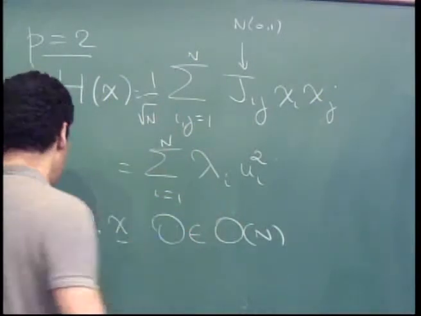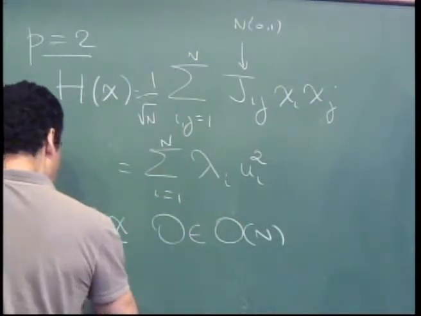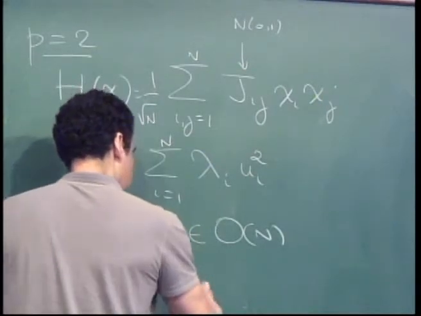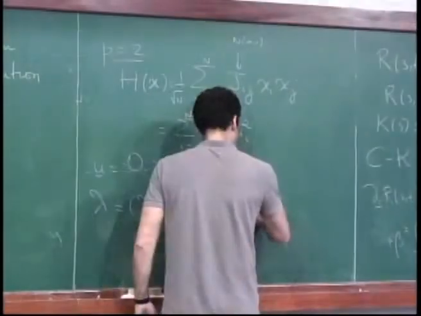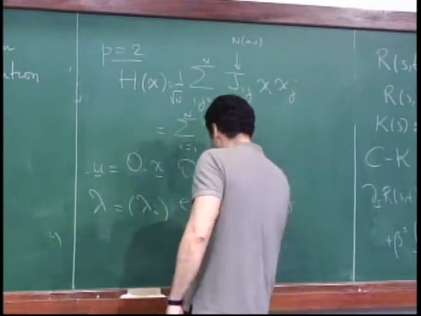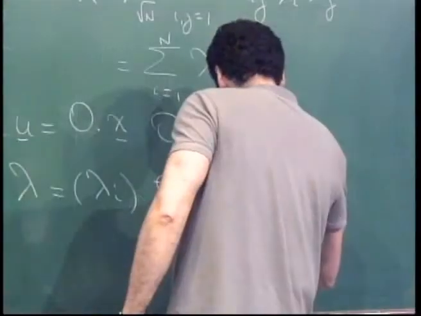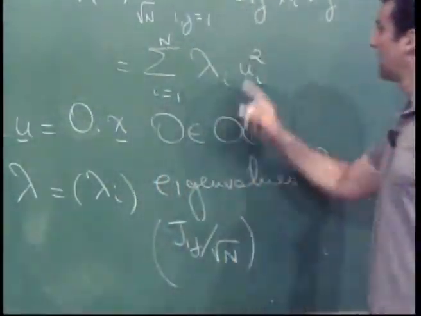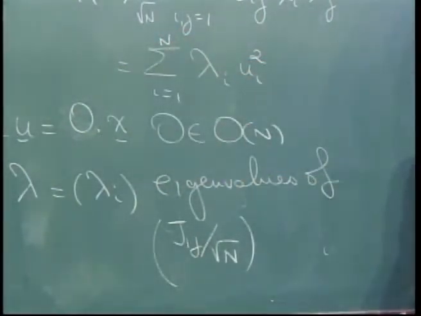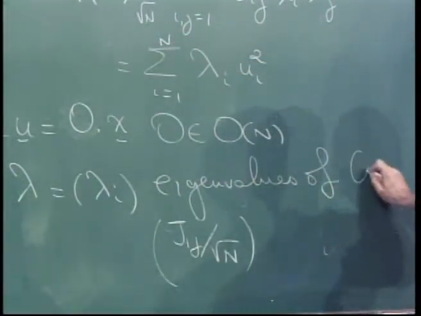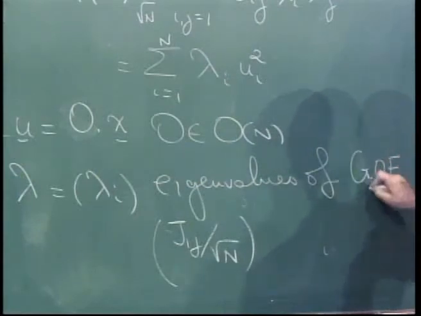And the lambda i's are the eigenvalues of the matrix of the G_ij divided by square root of n, which is exactly the matrix we call the GOE, the Gaussian orthogonal ensemble.